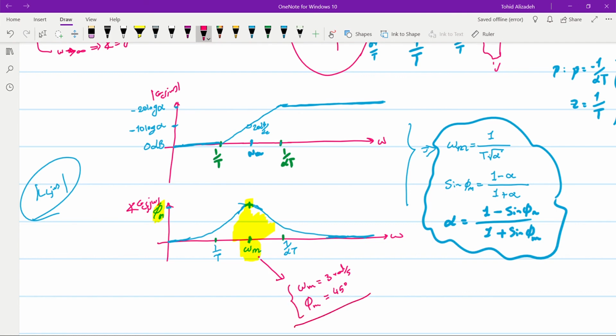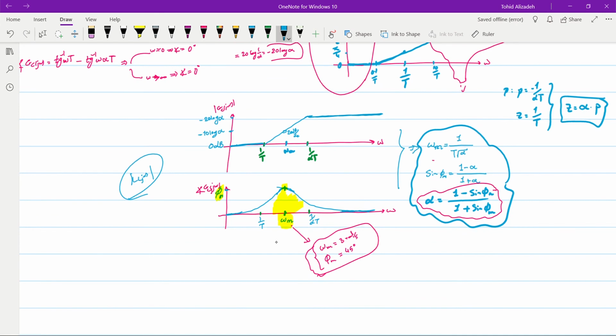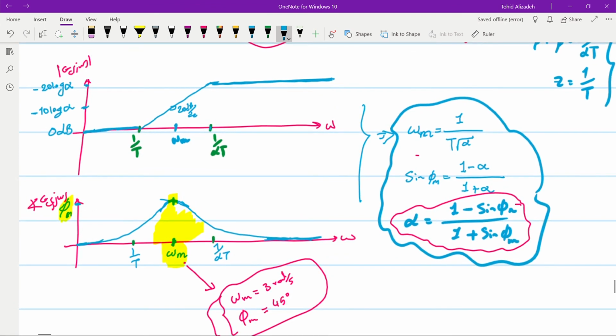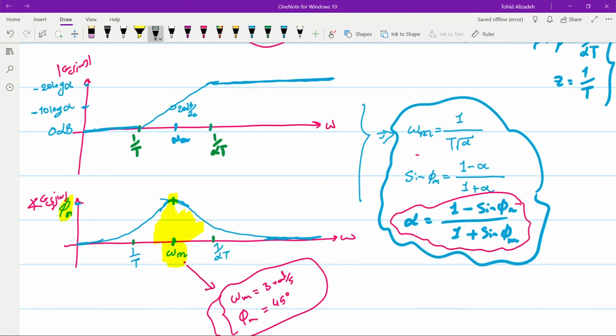Once you have phi m and omega m, you will be able to find out alpha. And once you have the value for alpha, you already have the value for omega m. You just refer to this equation, and then you will get t equal to 1 over omega m times the square root of alpha.